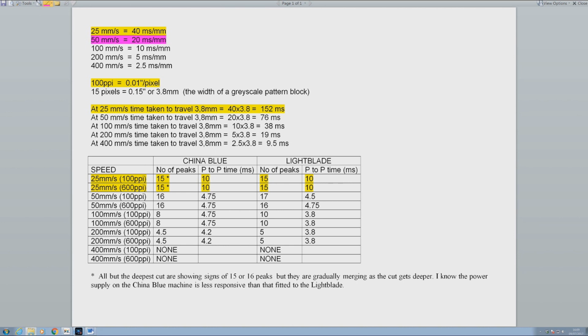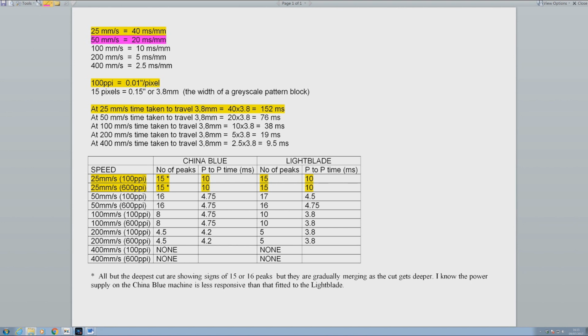I've looked at these results in terms of peak to peak times because I believe that time is somewhere involved in the answer. We shall find that if we divide 4 pixels into 20 milliseconds, we shall get 5 milliseconds per pixel. So that was what I could see very clearly on my dotty experiments. Go faster, and it tended to disappear.